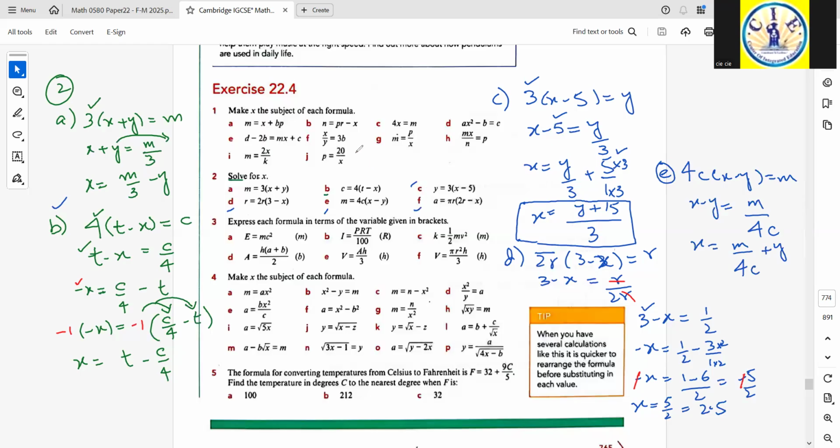And for part F, I can straight away go with this, shifting this pi r, which is being multiplied with 2r minus x.